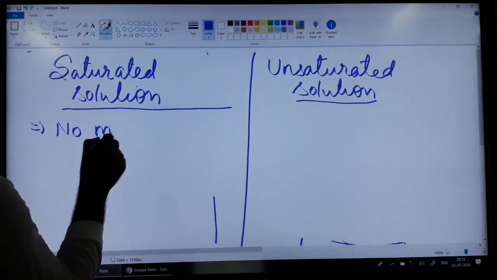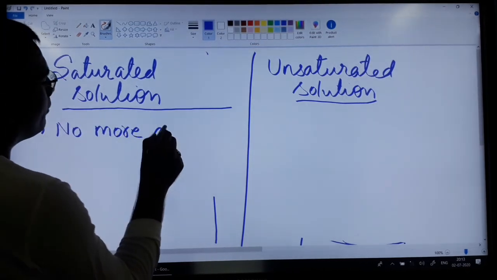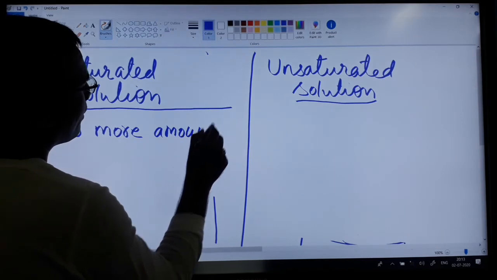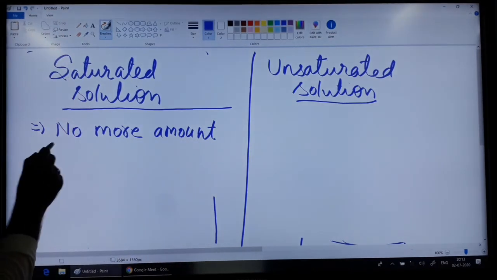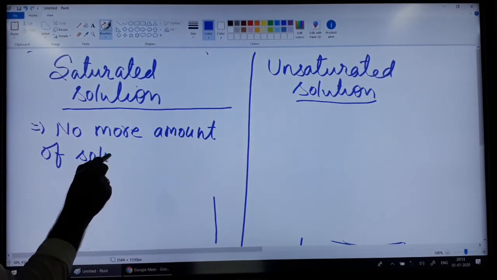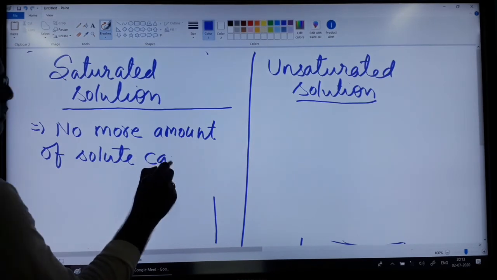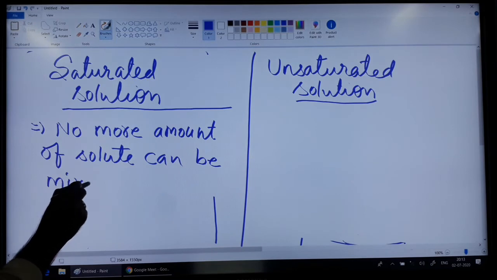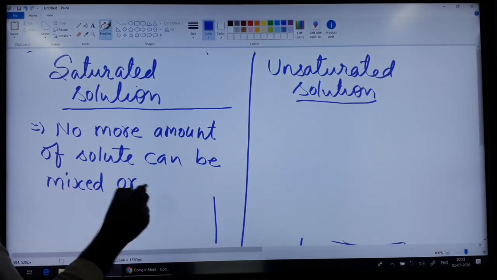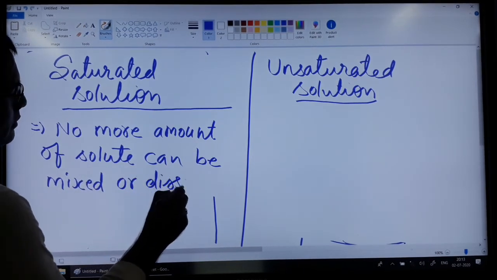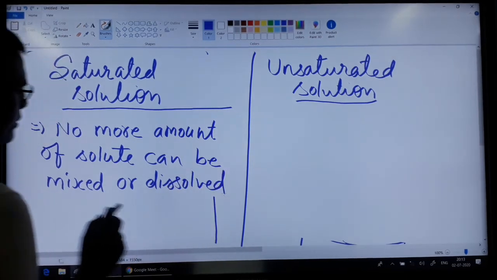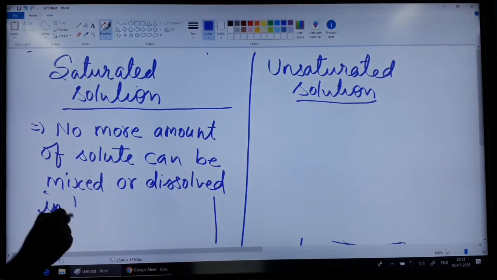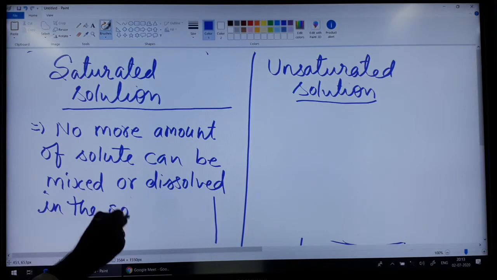Simply no more amount of solute can be mixed or dissolved in the solution.